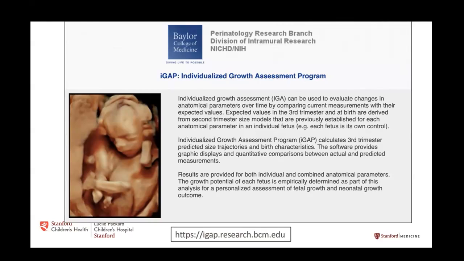That's the concept, where the fetus itself is its own control, meaning you develop this nomogram based on the initial growth, and you can see whether that fetus reaches its own potential.